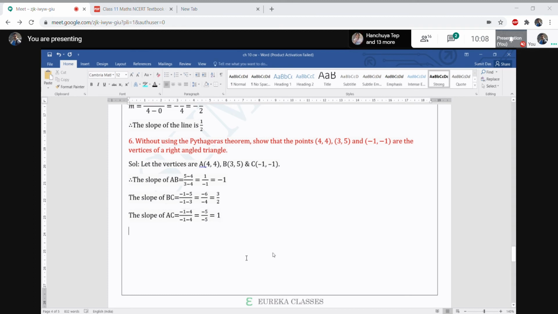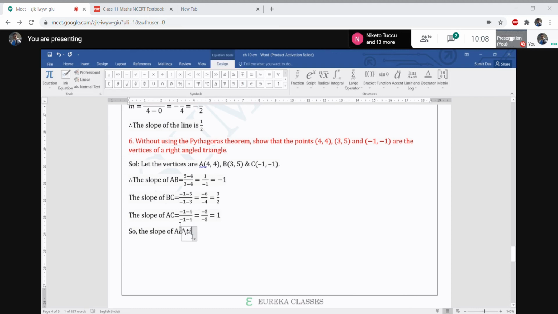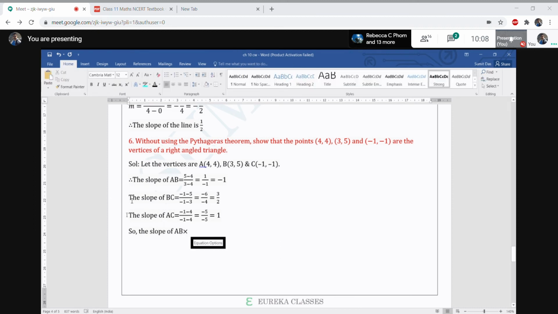Okay. So what can we see? The slope of AB into the slope of AC equal to how much?